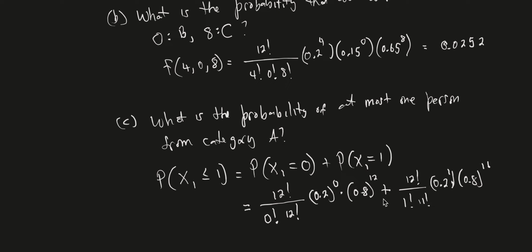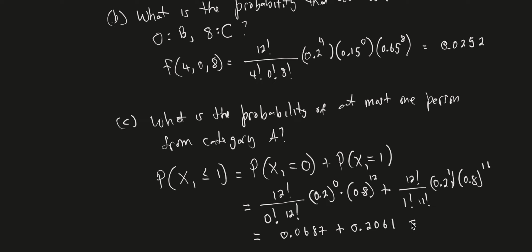So now let's write down those two probabilities and add them. As I said earlier, the 0.8 to the 12th power is 0.0687, plus this one, which ends up being 12 times 0.2 times 0.8 to the 11th power, and that gives us 0.2061.